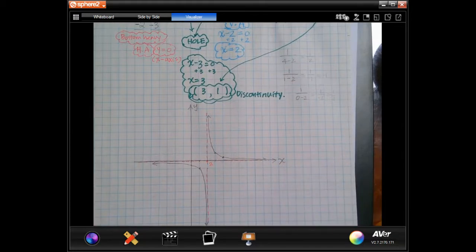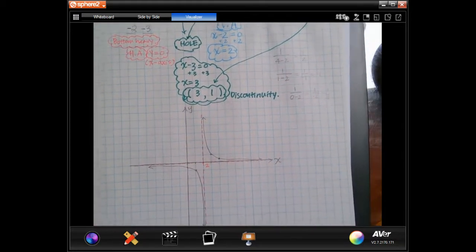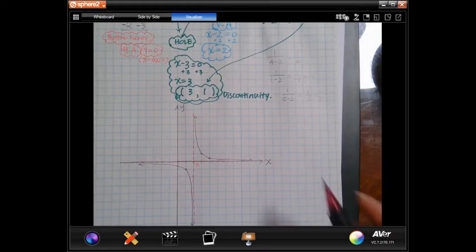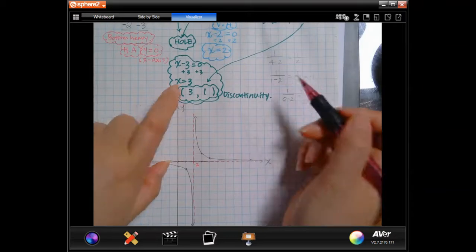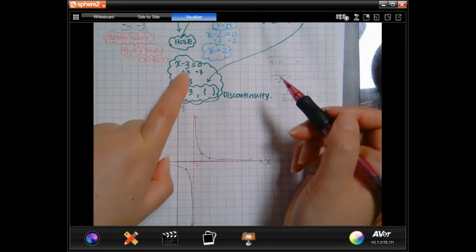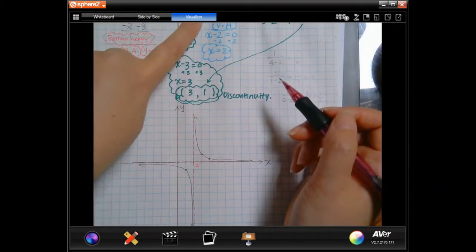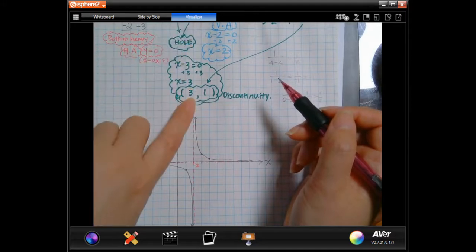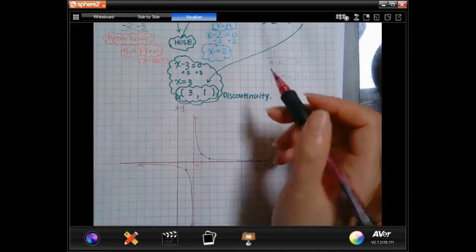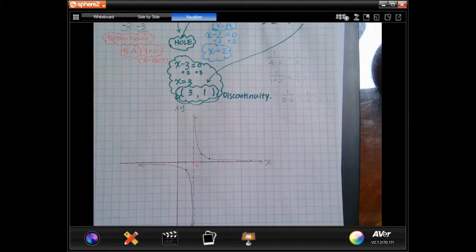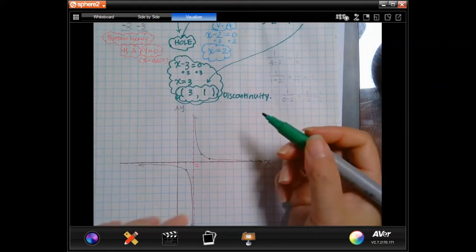Then now, one more thing that we have to start here is the hole. Because we canceled the factors there at 3, the position of the discontinuity is happening at 3 comma 1.